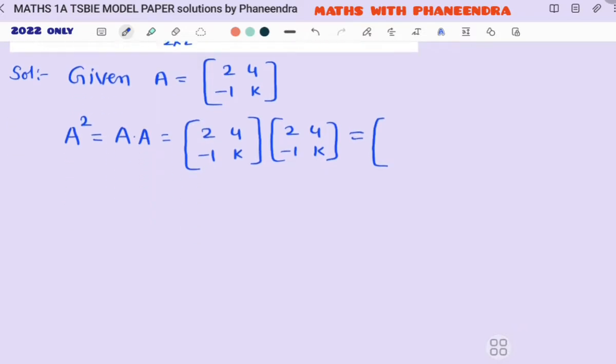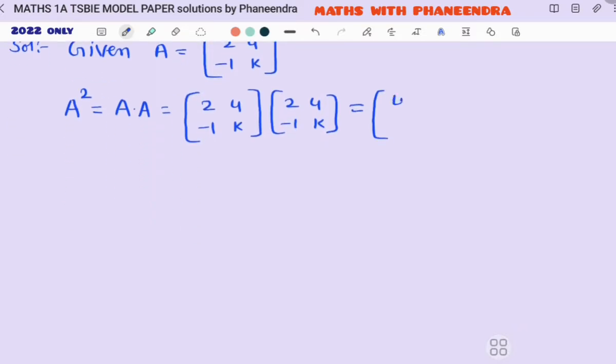So you can multiply like the previous problem. 2 twos are 4, 4 into minus 1. Next, 2 fours are 8, 4 into k, 4k. Next, minus 1 into 2, minus 2, k into minus 1, minus k.